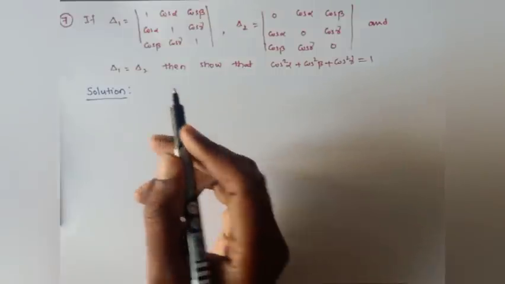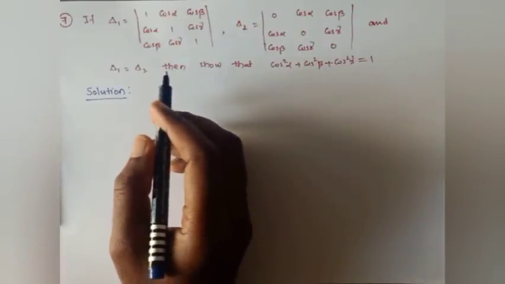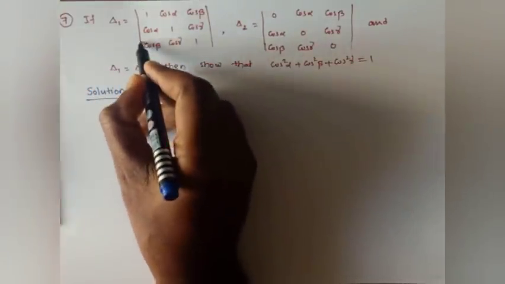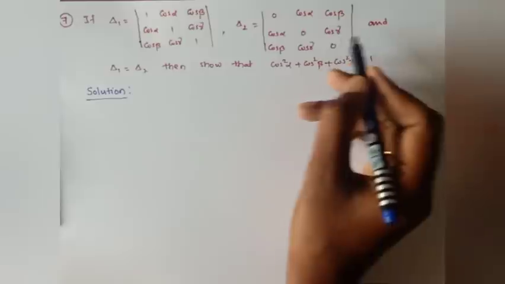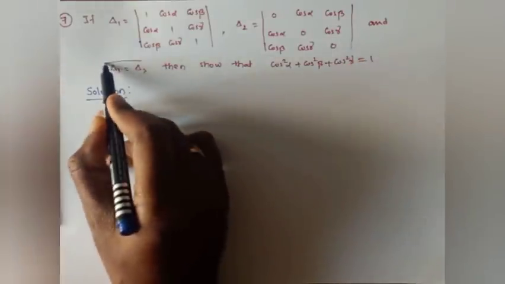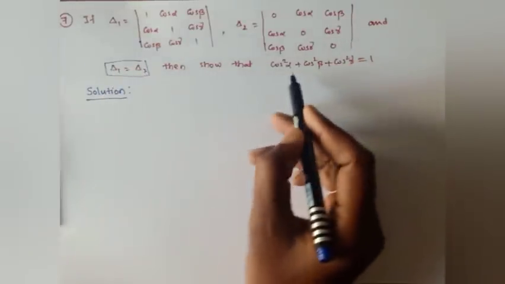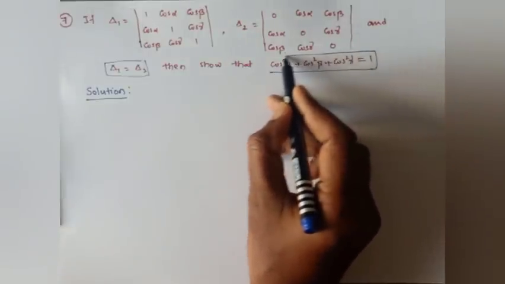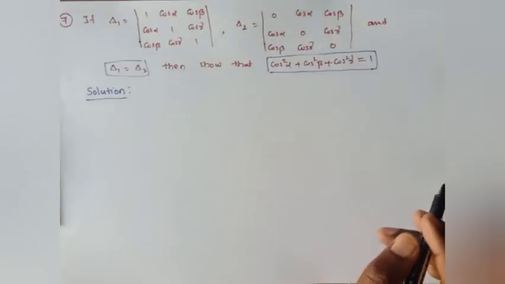Yeah, see the last problem for this session. If delta 1 is this one and delta 2 is this, and one more condition, delta 1 is equal to delta 2, then show that cos square alpha plus cos square beta plus cos square gamma is equal to 1.